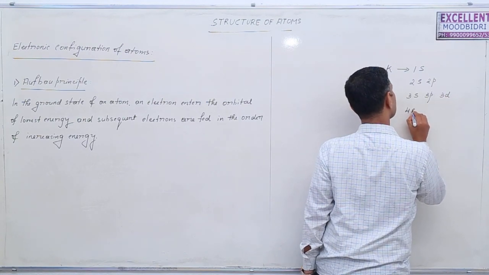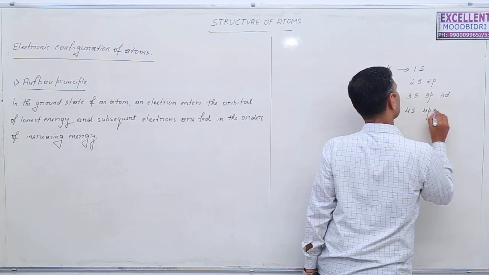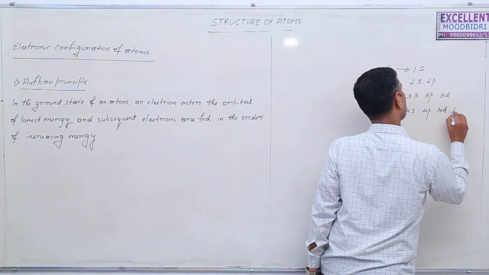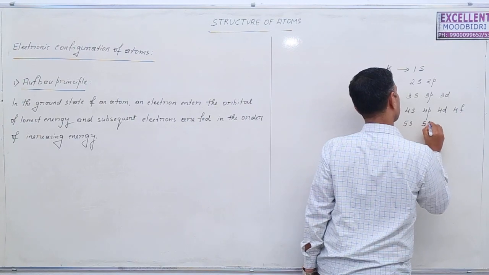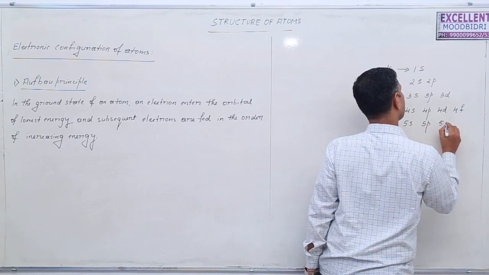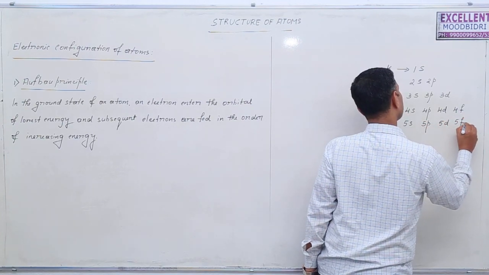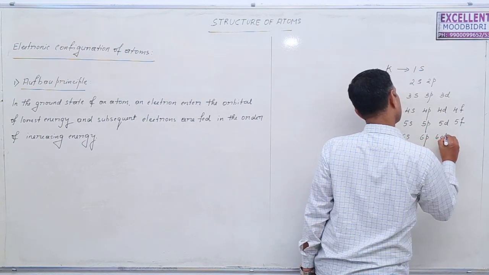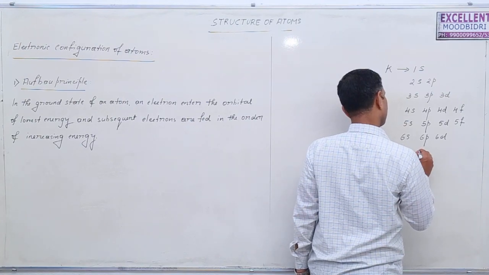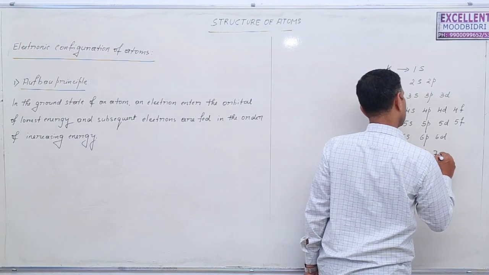Next, 4s, 4p, 4d, 4f subshells. Next, 5s, 5p, 5d, 5f. Continue with 6s, 6p, 6d. Next, continue with 7s, 7p, 7d, etc.